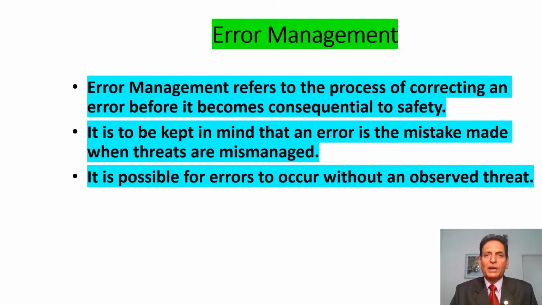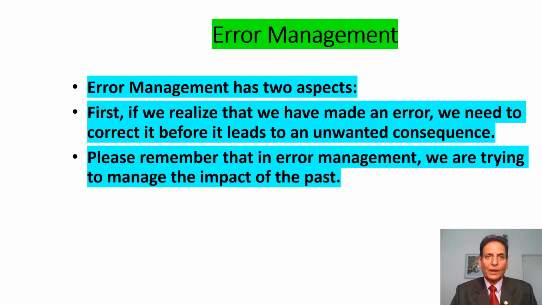It is possible for error to occur without an observed threat. Error management has two aspects. First, if we realize that we have made an error, we need to correct it before it leads to an unwanted consequence. Please remember that in error management, we are trying to manage the impact of the past.